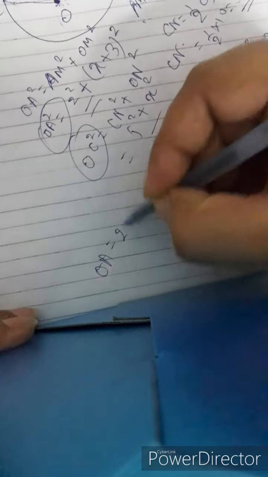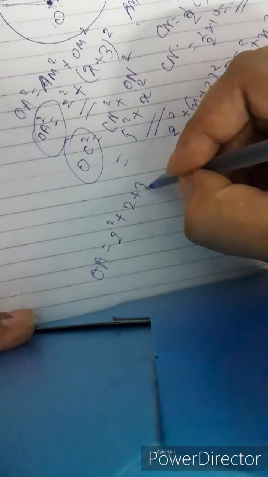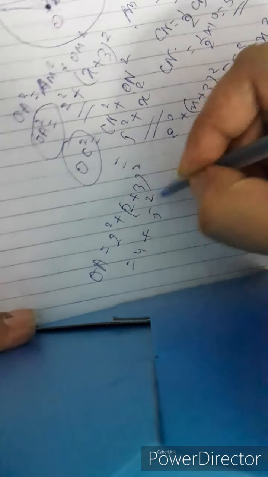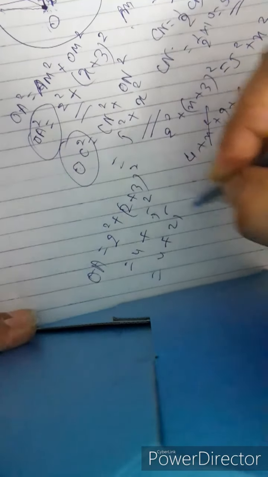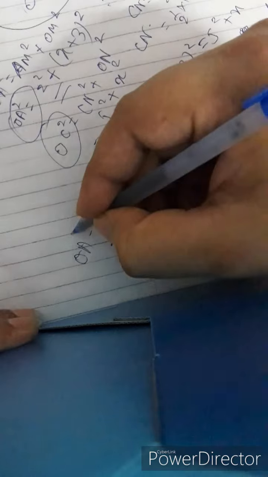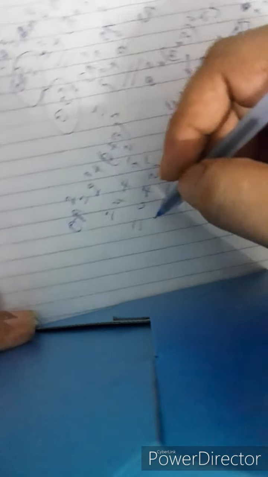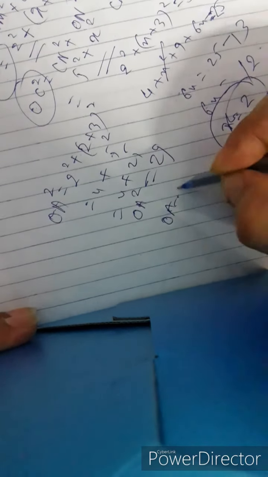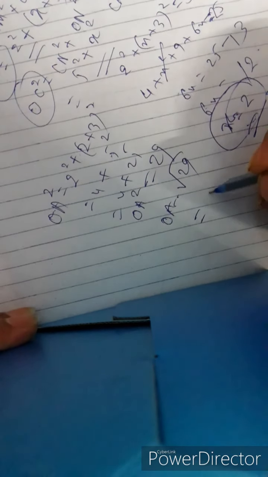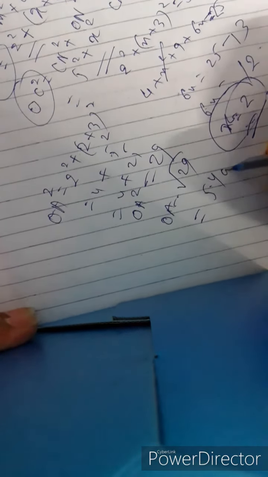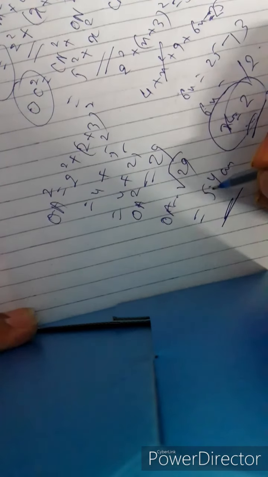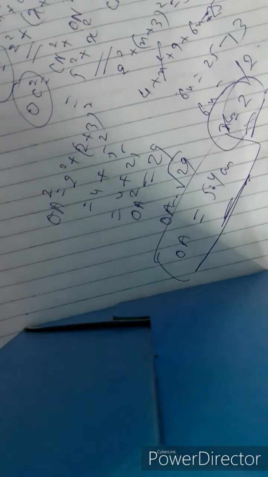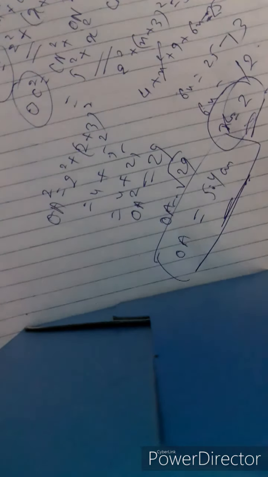OA squared equals 2 squared plus (2 plus 3) whole squared, that is 4 plus 5 squared, which is 29. So OA equals root 29, which is 5.4 centimeters. That is, the radius of the circle is 5.4 centimeters. I hope you got this problem.